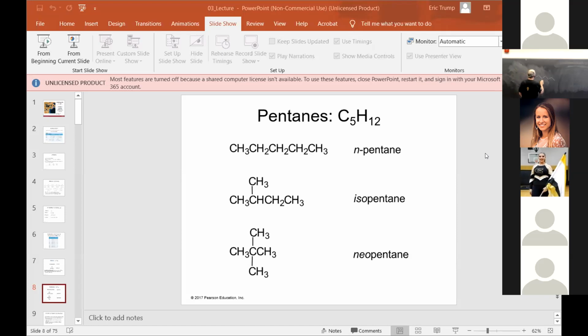If we take the same straight chain, here's our 4-carbon branch. Instead of attaching it to the end carbon of the butane, we'll attach it to the second one. So this becomes 5-sec-butyl nonane.